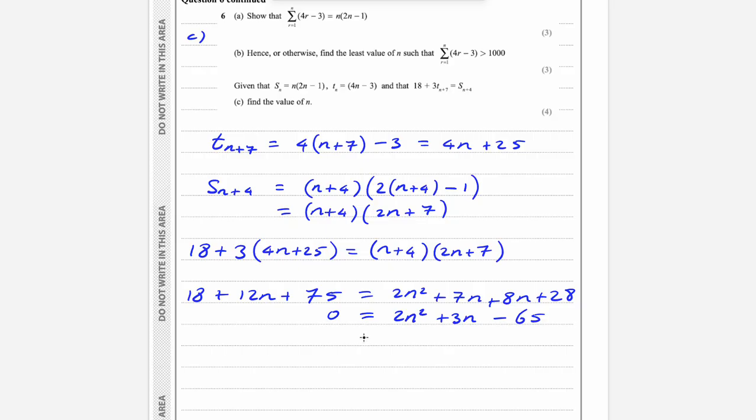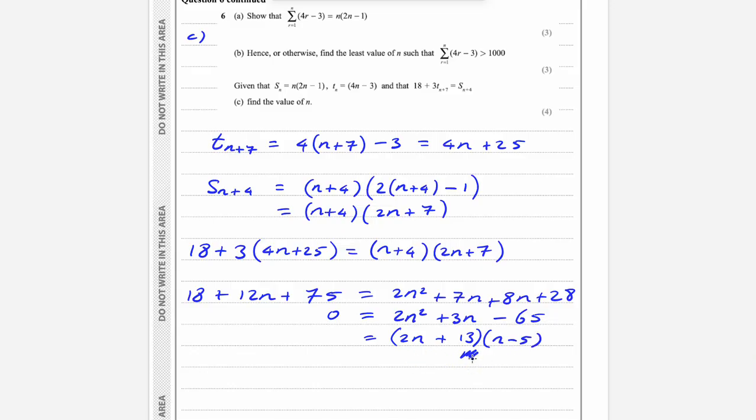Does this factorize? Okay, guys, factorize this however you like. I'm going to go 2n and n. This will be 13 times 5. I'll do 5, 13 plus minus. Okay, so the factors are 2n plus 13 and n minus 5. That's my kind of quick way to do it.